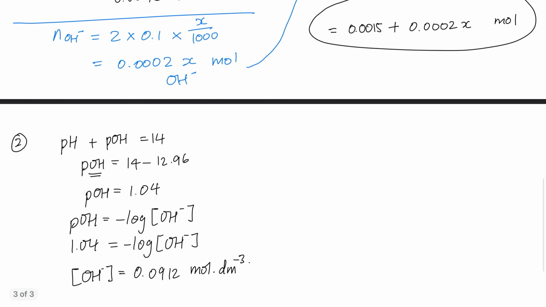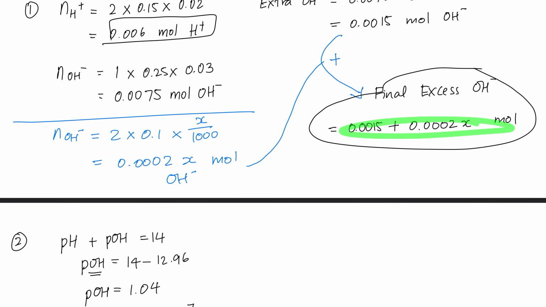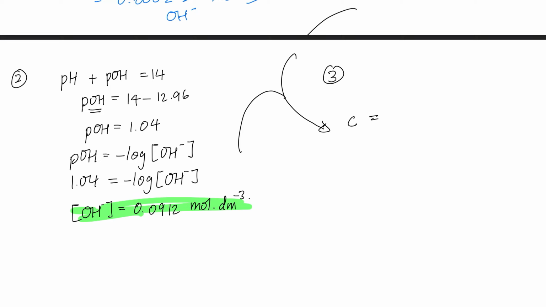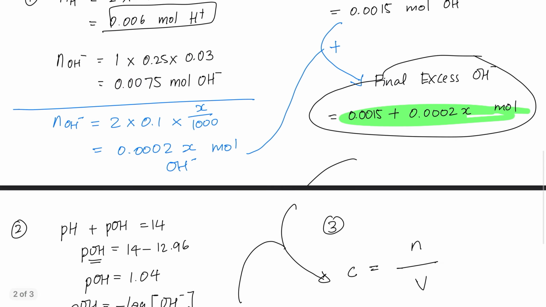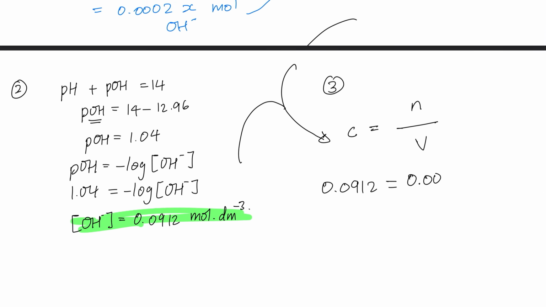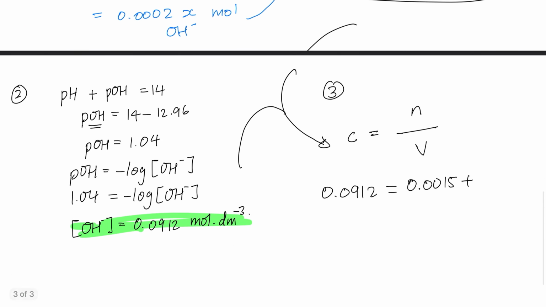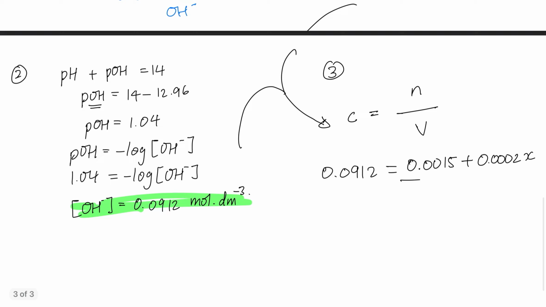Now we can take this and this to form our final equation that we can use to solve for x. We use the formula concentration equals number of moles divided by volume. So 0.0912 equals the moles, 0.0015 plus 0.0002x, divided by the volume.